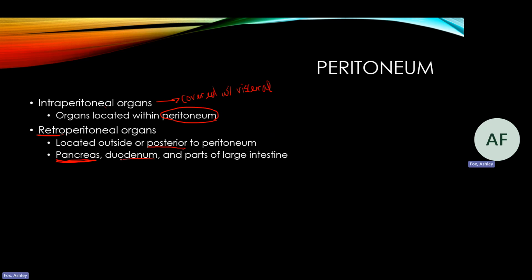The duodenum, which we're going to see, is the beginning of the small intestine, the first part off the stomach. And certain parts of the large intestine are retroperitoneal organs. Even the kidneys. We're talking about those in the urinary system, not part of the digestive, but they're considered retroperitoneal as well. They're behind this part.